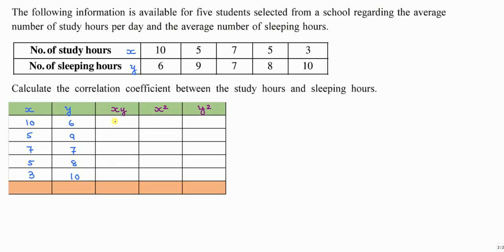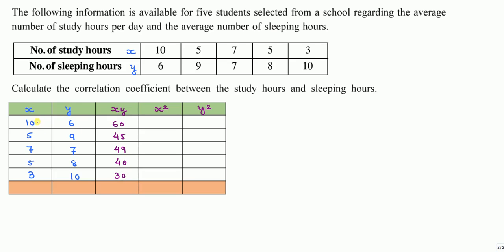10 into 6 is 60, 5 into 9 is 45, 7 sevens are 49, 5 eights are 40, and 3 into 10 is 30.